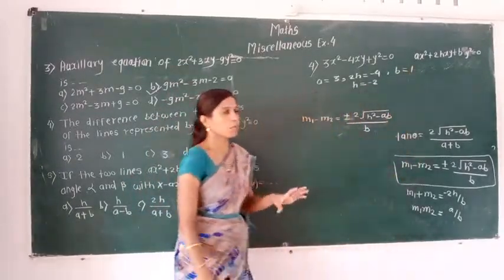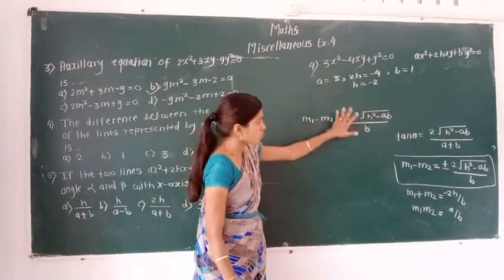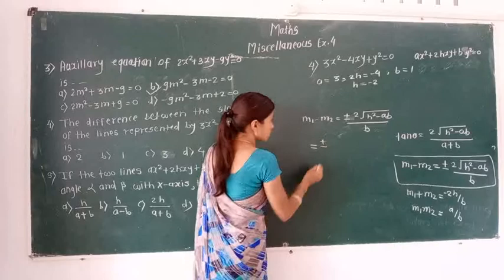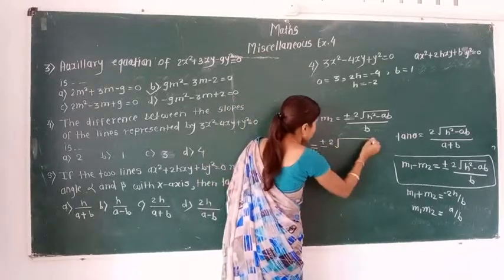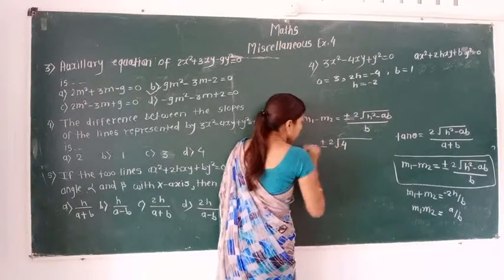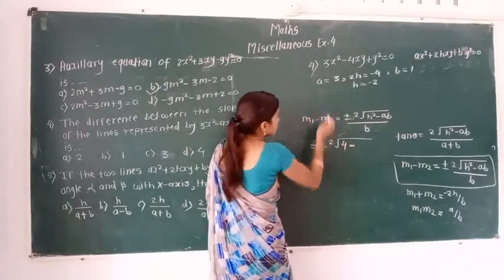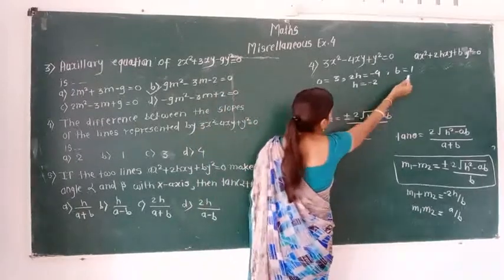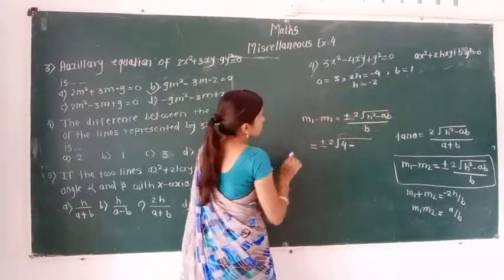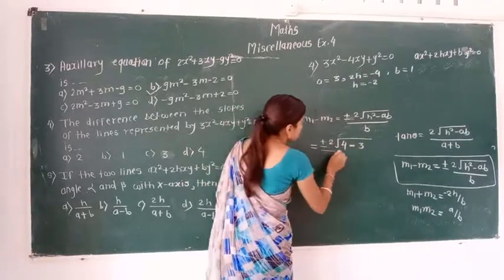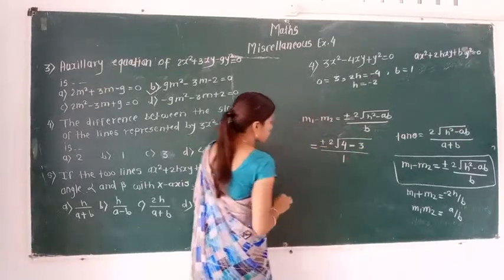Now simply put all those values in this condition. We can write plus minus 2 root of h square, that means minus 2 square is 4, minus a into b, the product of these two terms is 3 into 1. We write 3, divided by the value of b, which is 1.